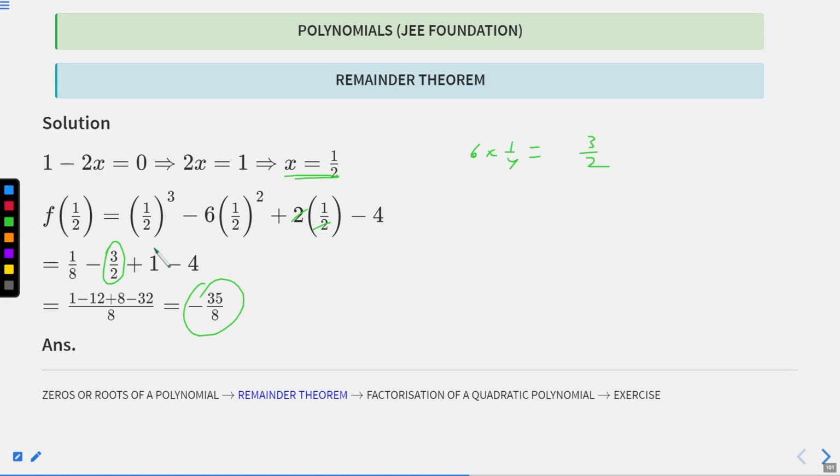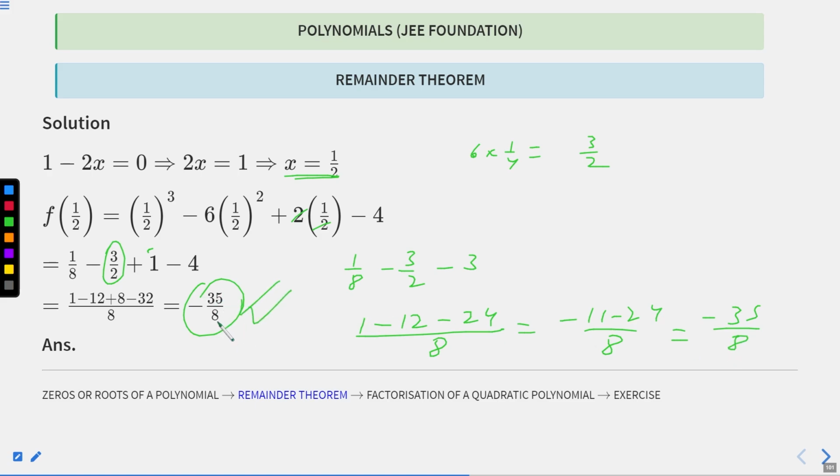If you solve it, let's see. My LCM is just 8. 1 minus 12 minus 24, and after 1 minus 12 minus 24 by 8, you will get minus 35 by 8. So indeed, my remainder will be minus 35 by 8 in this case. I hope you understood it very well.